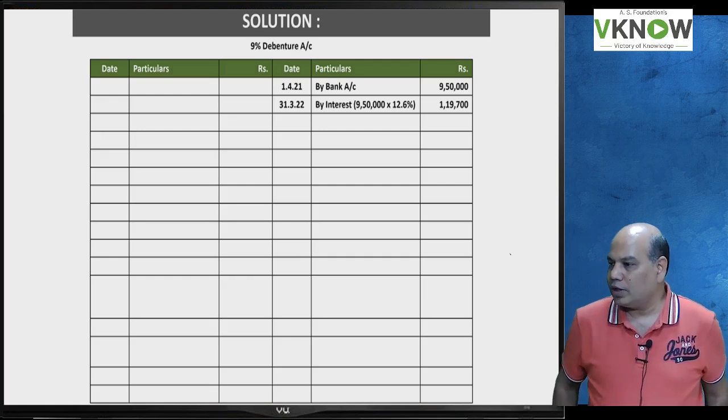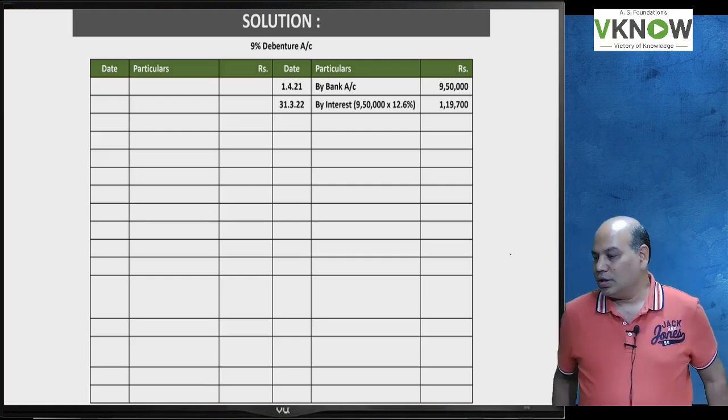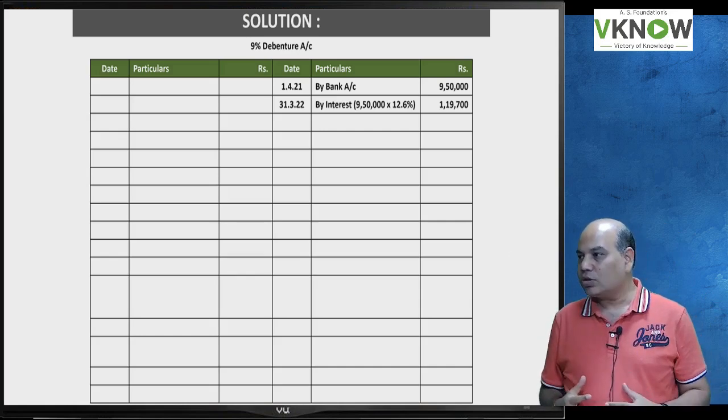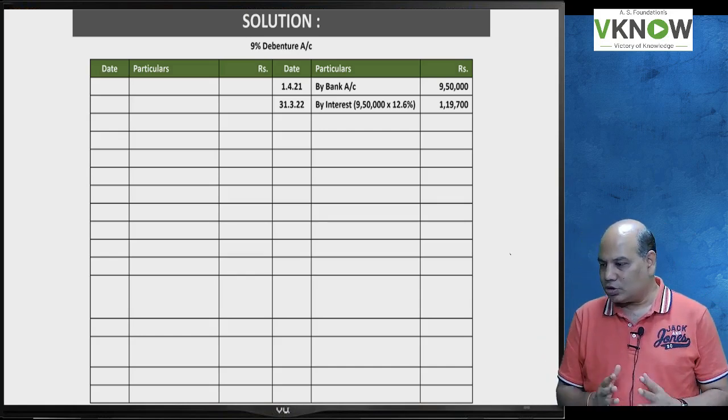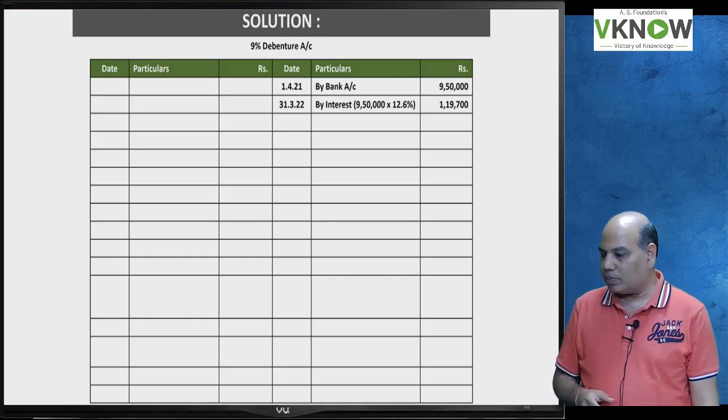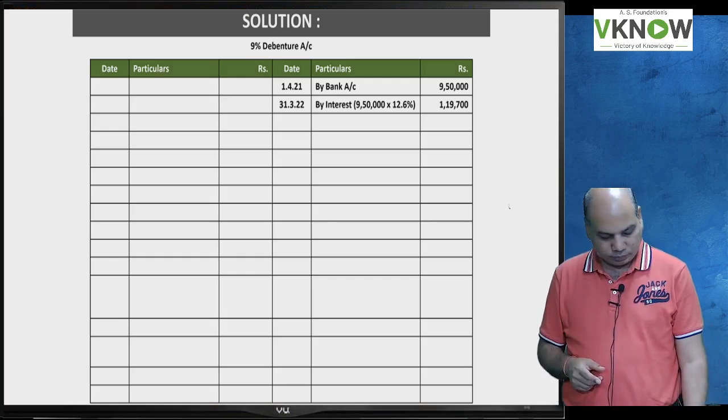My cost of funding is 12.6, not 9%. Am I right? Effective cost of funding is 12.6. So my P&L account should reflect that.